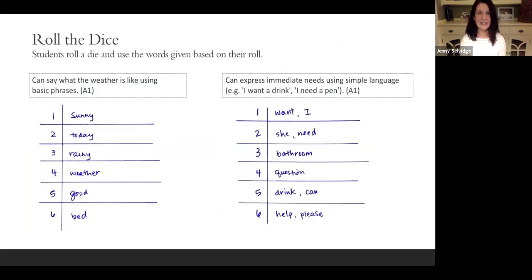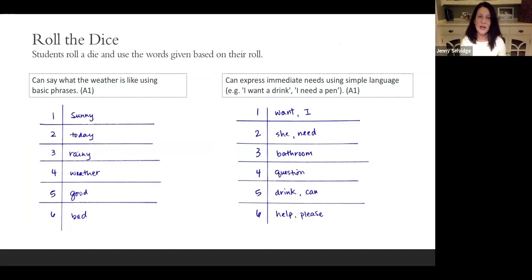Okay, next. Here's another idea if you have a dice, or you can even make a dice out of paper. So here's 2 different objectives. The one on the left is ours that we've talked about, can say what the weather is like using basic phrases. So students get with a group and they throw the dice, and whatever number comes up, they have to use that word. It's very simple, but it's a little more fun just because they get to throw a die.